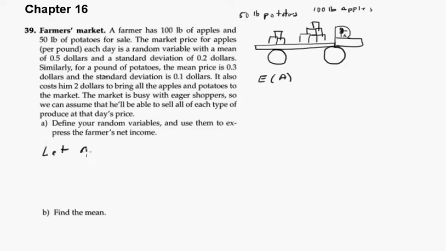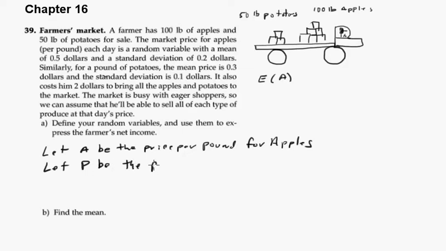Let A be the price per pound for apples, and let P be the price per pound for potatoes.